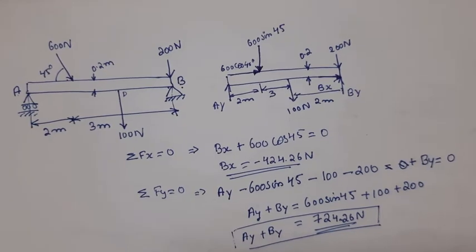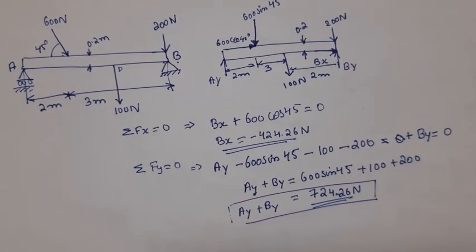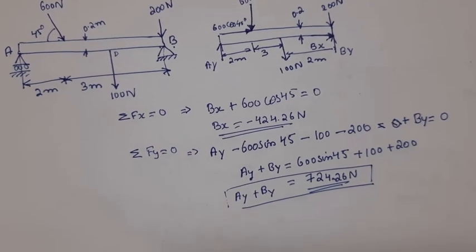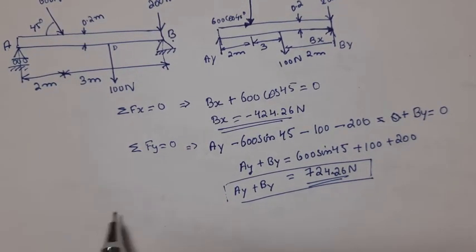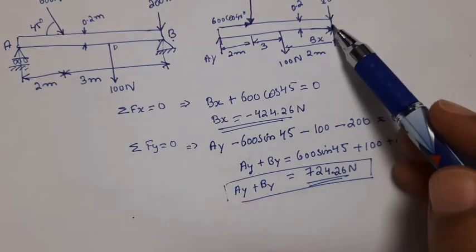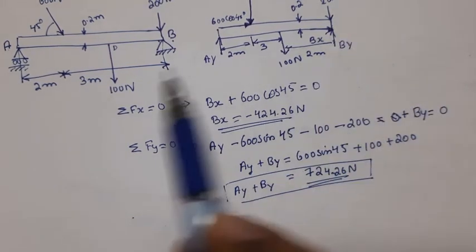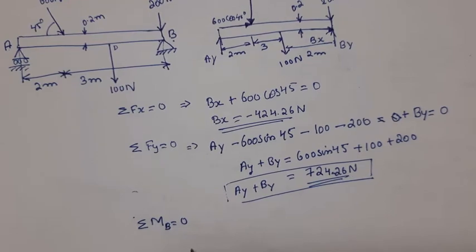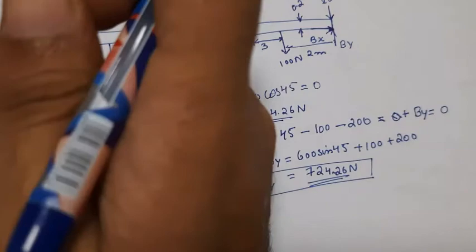Next we have to find the moment. We can take the moment from point B as well as from point A. Let us take it from point B here. If you take the moment from point B, the summation of MB should be equal to 0. First, consider this particular point here.